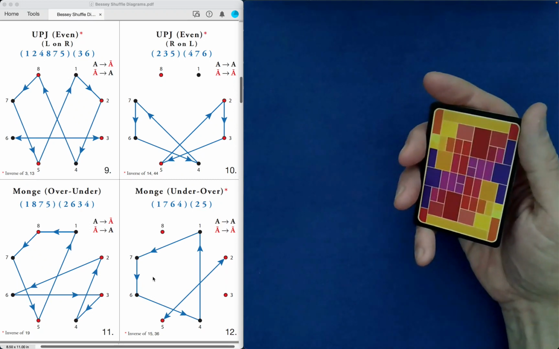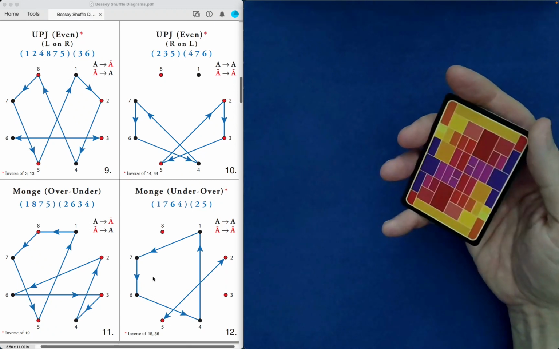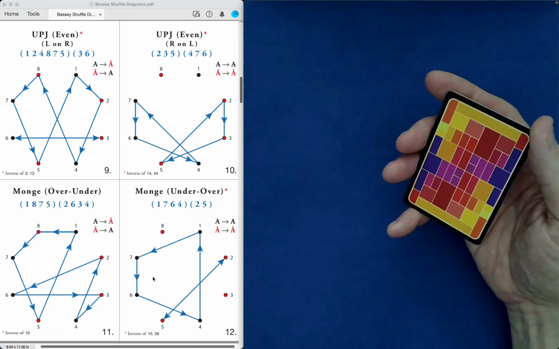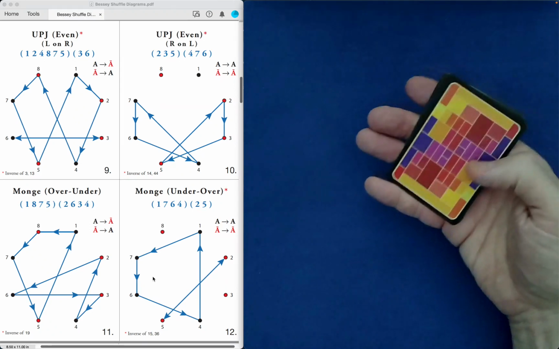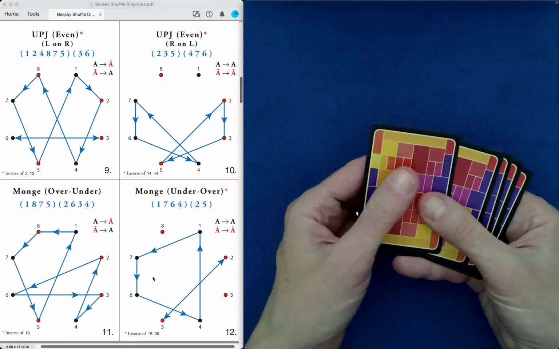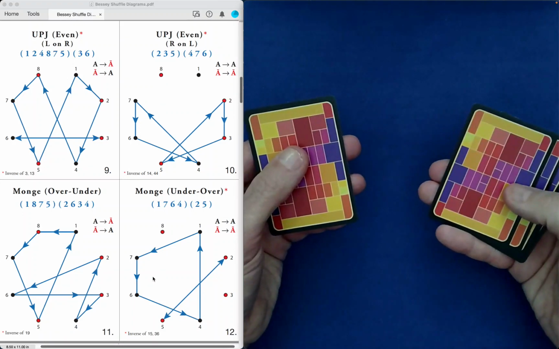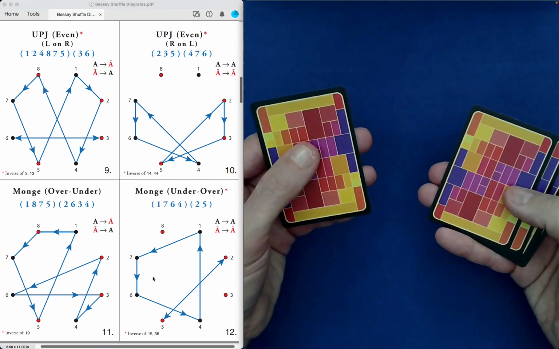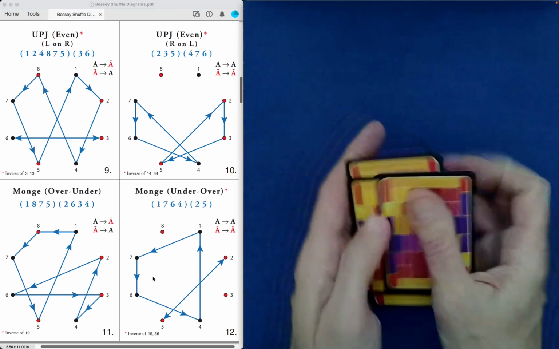You would genuinely have a free choice in this. Oh, you like the mange over under because of its crazy looking graph? Okay, we'll do that one more time. So you push this one into your other hand, and then it's over under. We're looking at shuffle 11. So it's over, under, over, under, over, under, over.